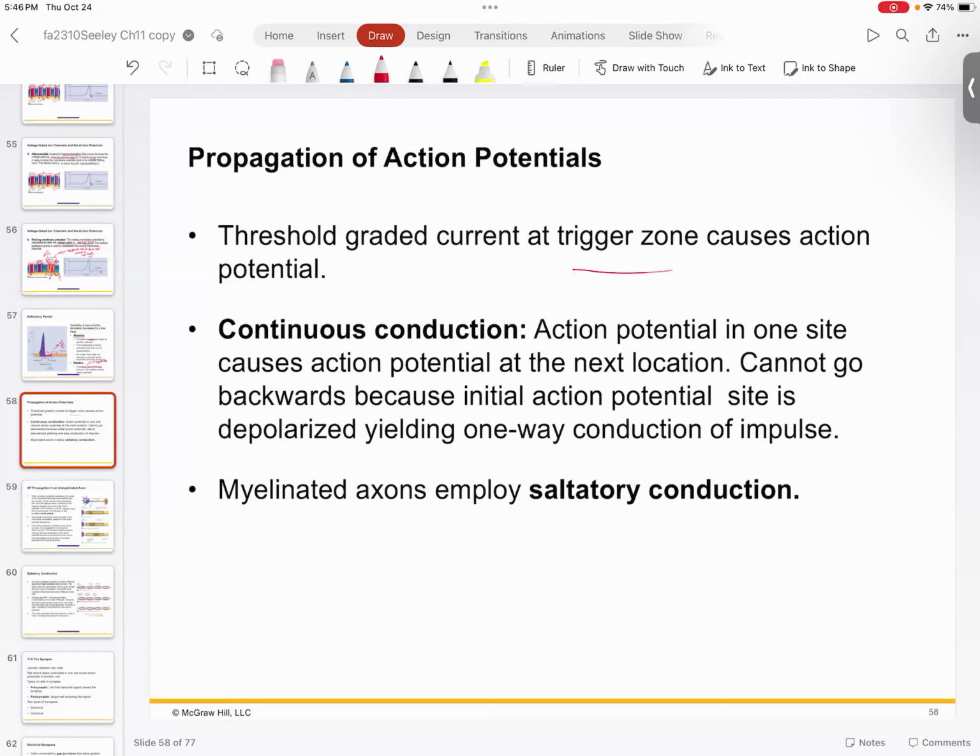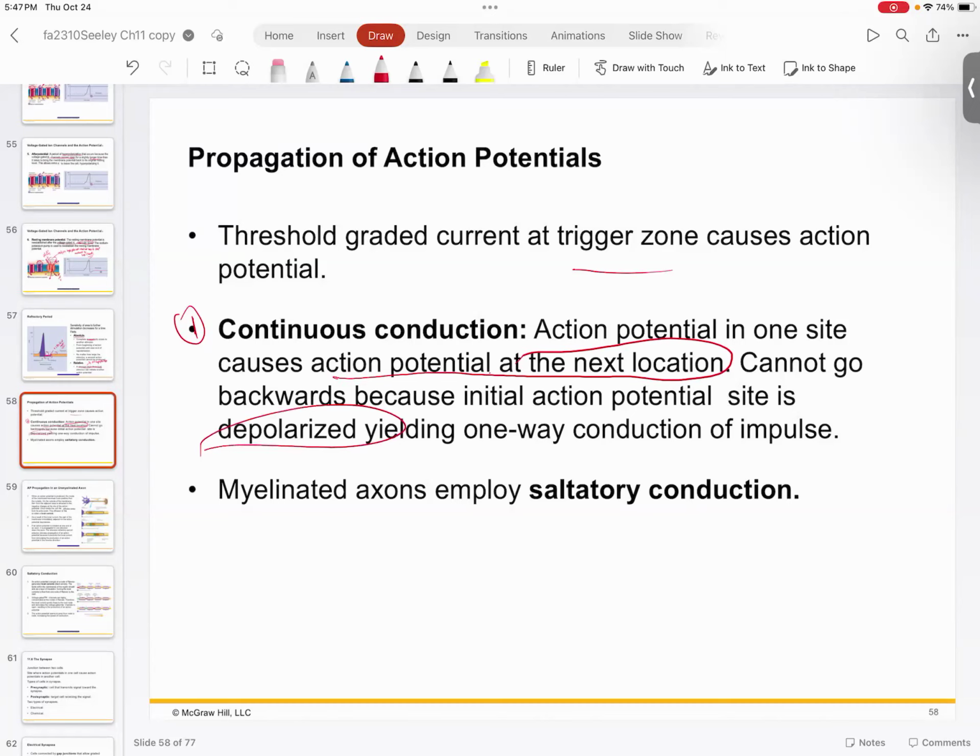One, which is called continuous conduction, right? This is basically where the action potential will stimulate the adjacent membrane. And so ultimately, this will create an action potential right next to it in the next location, like in the membrane right next to you. You generally can't go backwards because you're already depolarized.